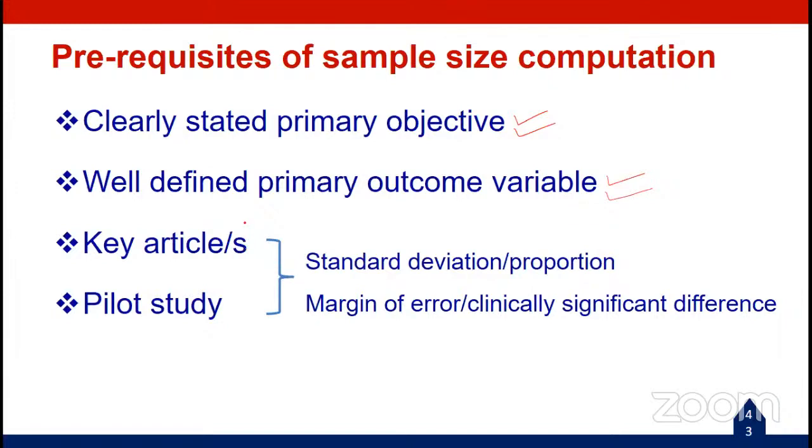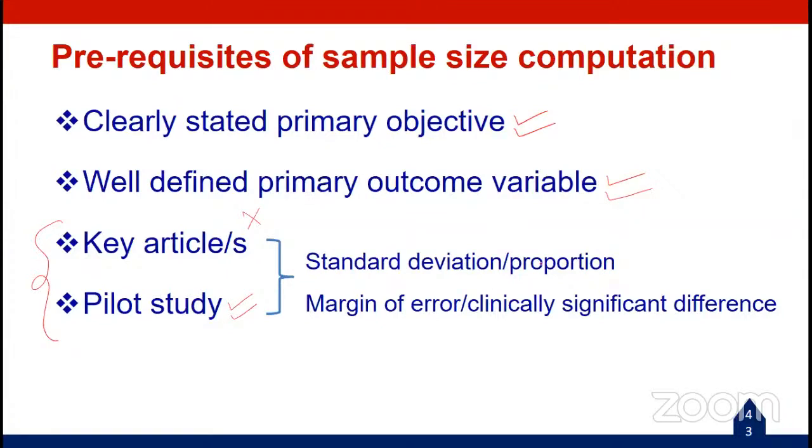If in case this is not available, you can go for a pilot study. So what is the use of these two? Why do we need to have a key article or a pilot study done? So we need some inputs for the computation of sample size. See, sample size is not a magical number which you just pull out from the air. So it requires some inputs for computation.